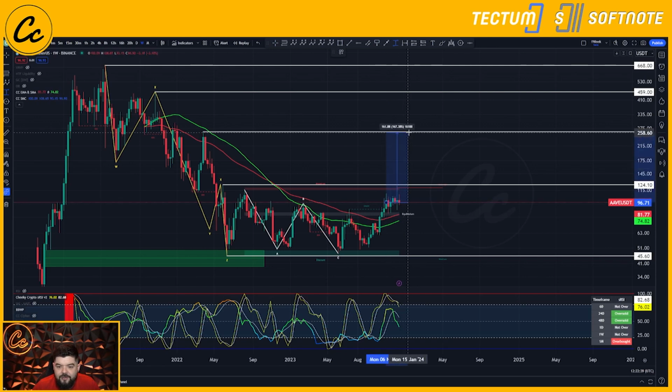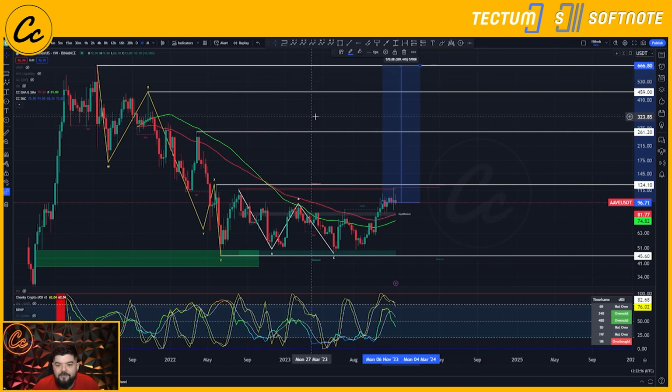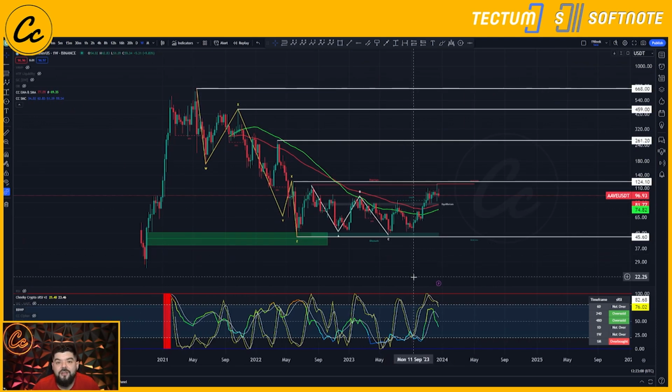Taking it from its current market price, the lower level is just a 172% move to the upside. That upper one of $459 is just a 374%. And of course, the top here for BQQ back on the 17th of May 2021, which is obviously the all-time high for BQQ, it's just a 600% push. So potentially, I do think we will see BQQ reach a new all-time high in the bullish market.